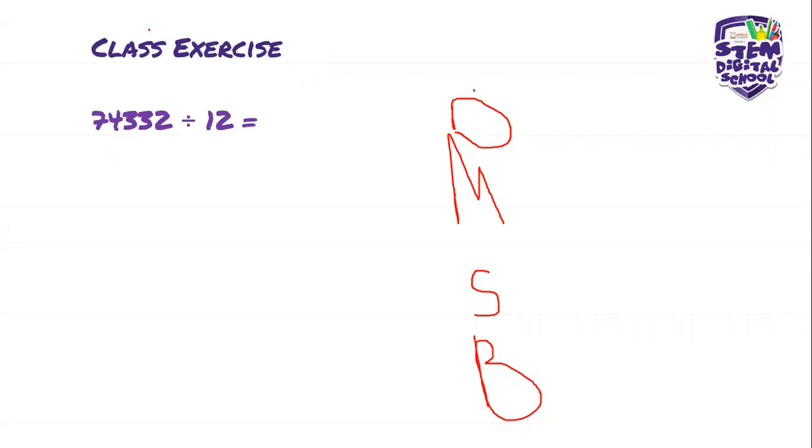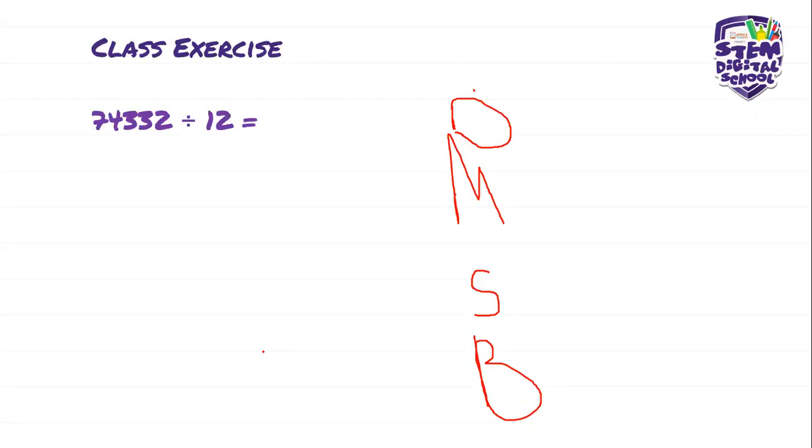Anyone available to explain to us what they did in the sum, and what answer they got? Anyone willing to explain? Going once, going twice.